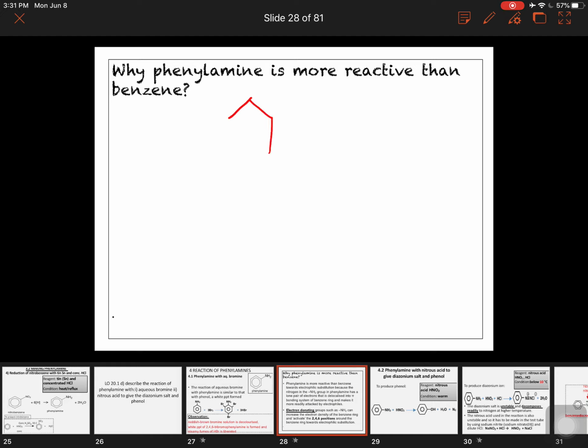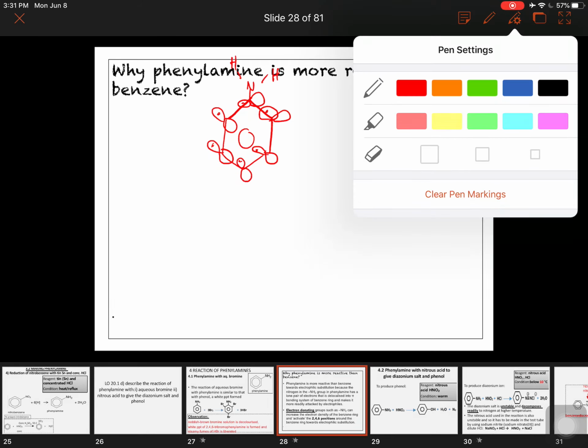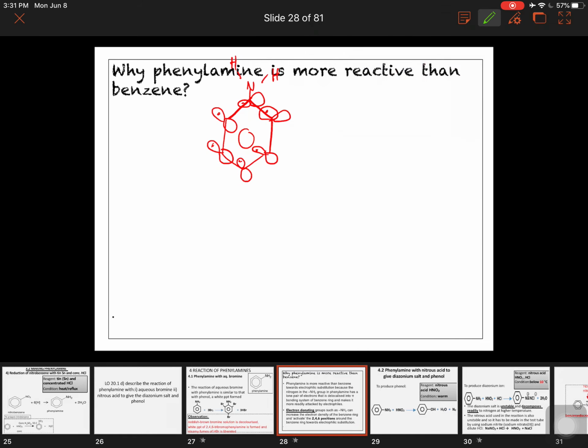Okay, next, why is phenylamine more reactive than benzene? First, we need to look at the structure of phenylamine. Okay, so you have an NH2. And as you know, in the benzene ring, there is a delocalized system, where all the p orbitals on each carbon overlap and align to form a delocalized ring. However, additionally, on the nitrogen, where the lone pair sits, it sits on the p orbital as well.